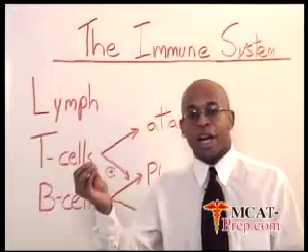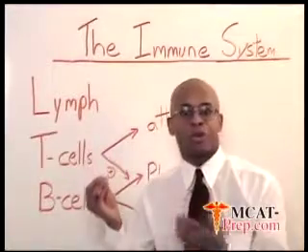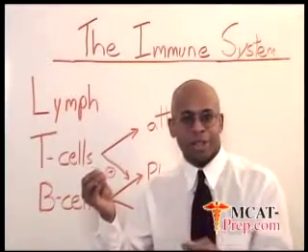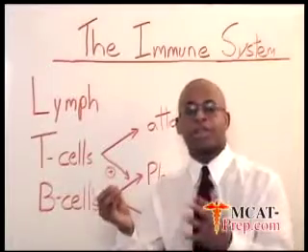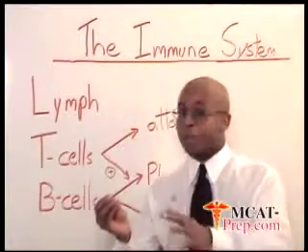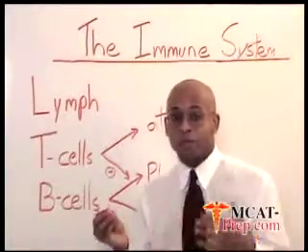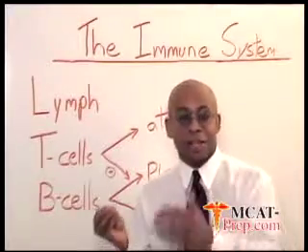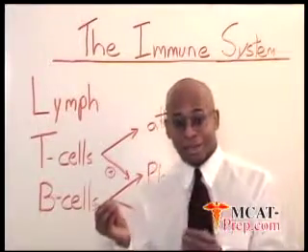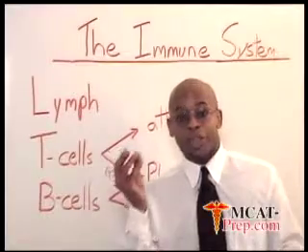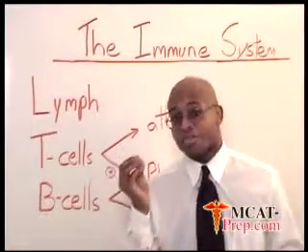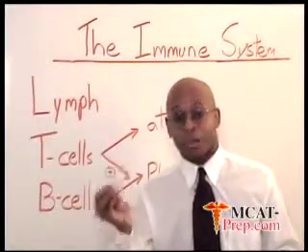And the macrophage will call the B cell over by sending chemicals. It will say, look, don't attack me because I'm one of the white blood cells, just like you are. But listen, I've just removed part of something which is attacking our body.